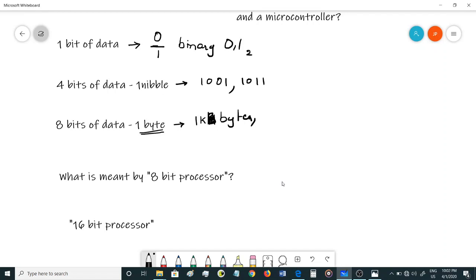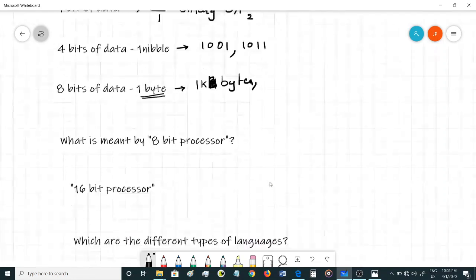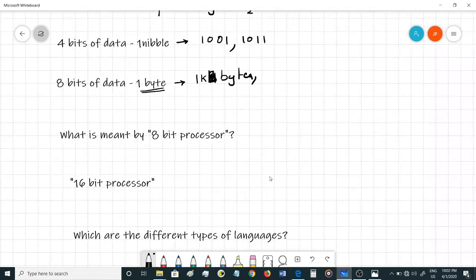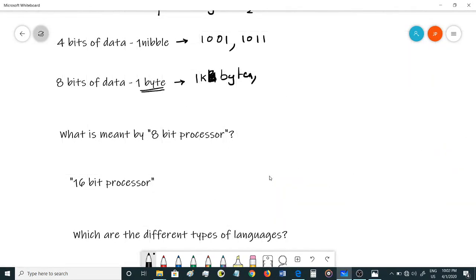If you have a 16-bit processor, let's say you have an 8086, the next version of microprocessor, which was a 16-bit processor, then you can do 16-bit operations in a single go. You can do 16-bit addition, 16-bit multiplication, division, or subtraction in a single go.